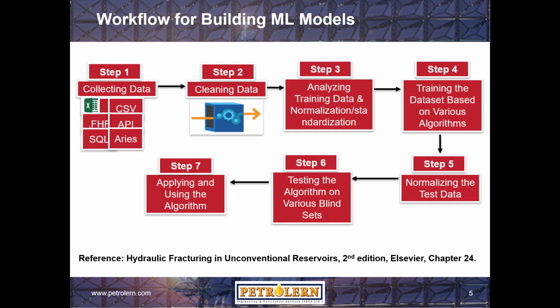And if that still comes out with a high accuracy, then you go on and apply the model in real time, or you simply do a sensitivity analysis to understand the impact of each variable on the output feature if you're solving a problem using a supervised machine learning algorithm. And the reference for this is highlighted at the bottom.